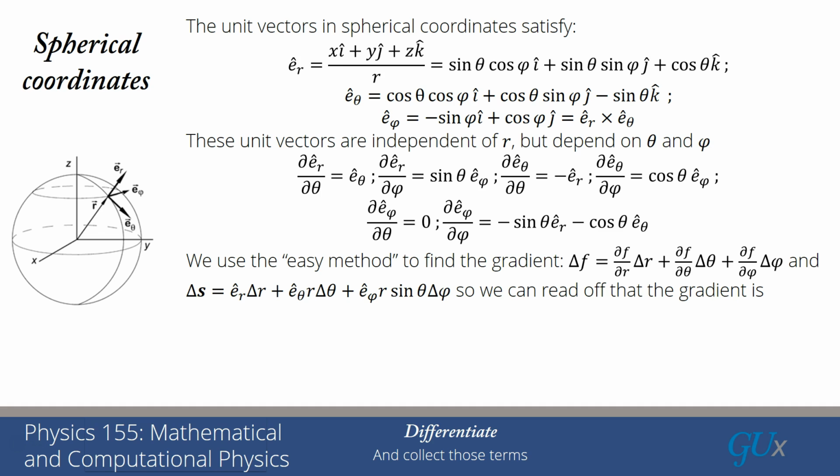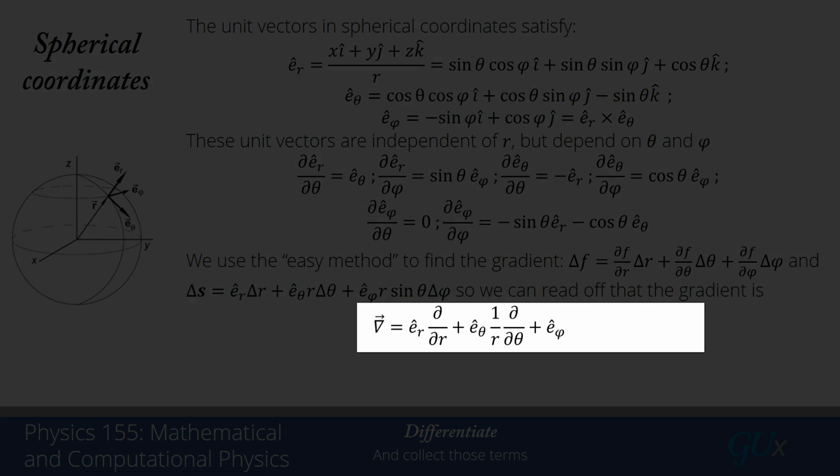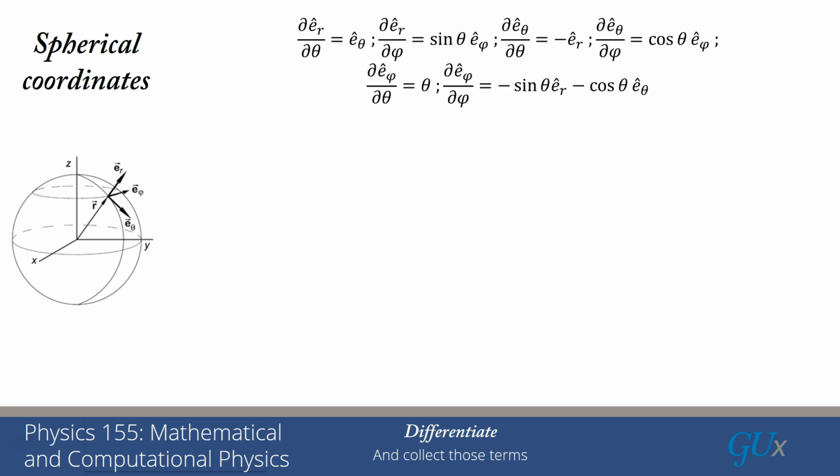So for the r, that factor is 1. For the theta, it'll be 1 over r. For the phi, it'll be 1 over r sine theta. And so I can put that together and get the gradient is E_r d by dr plus E_theta 1 over r d by d theta plus E_phi 1 over r sine theta d by d phi. All right, I've got the gradient. I'm going to copy the derivatives of the unit vectors above because we're going to need that.